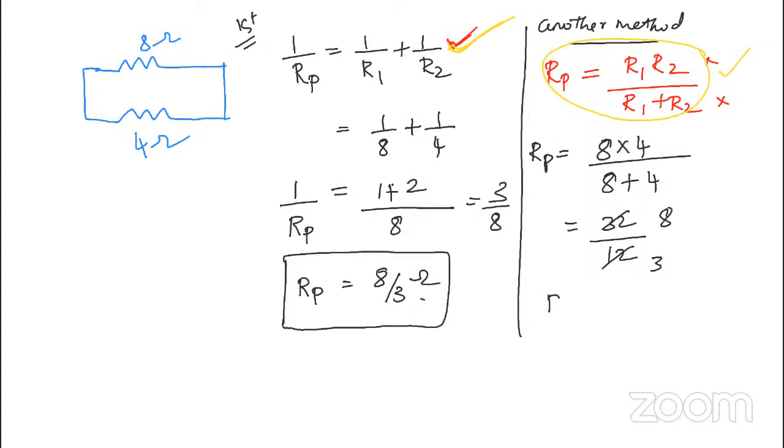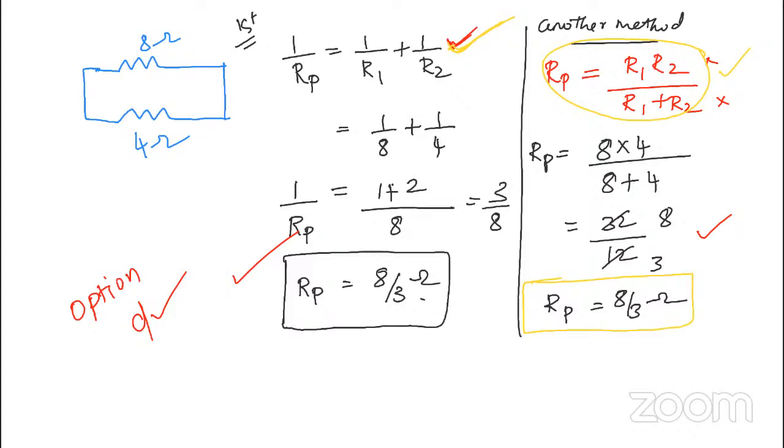So RP is equal to 8/3 ohms. Okay, so the values can be calculated in this method and also in that method. So this is option D, the right one. Okay, very good.